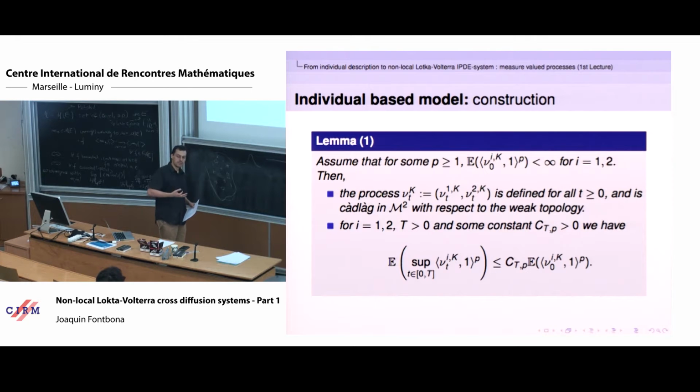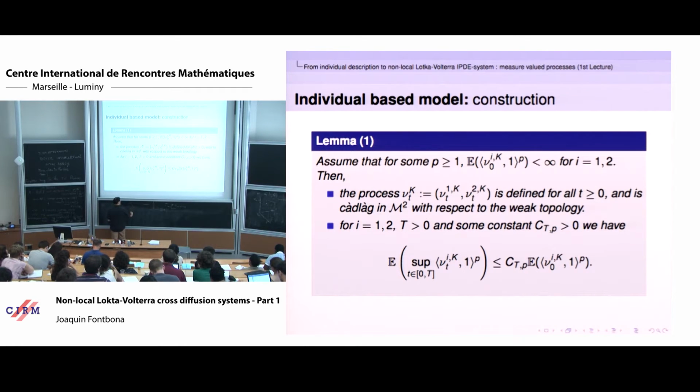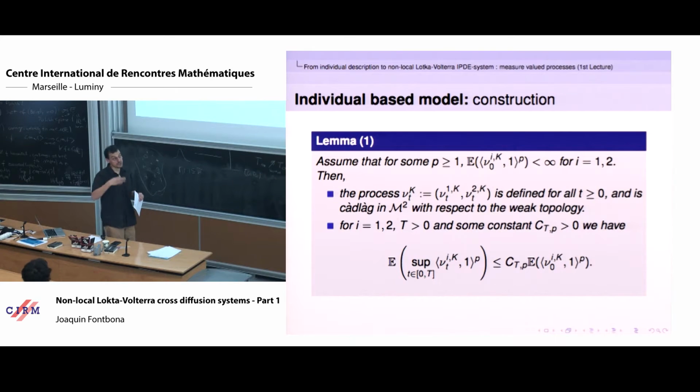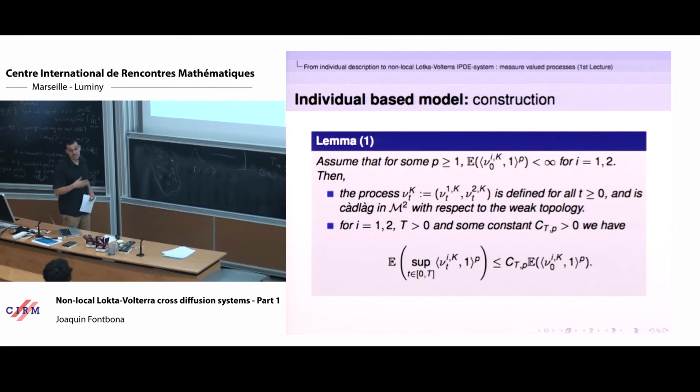And in that case, of course, the rate at which these reproduction events occur is random, but you will use the fact that these reproduction rates are bounded. So at the end, the reproduction dynamics is controlled by a branching process.